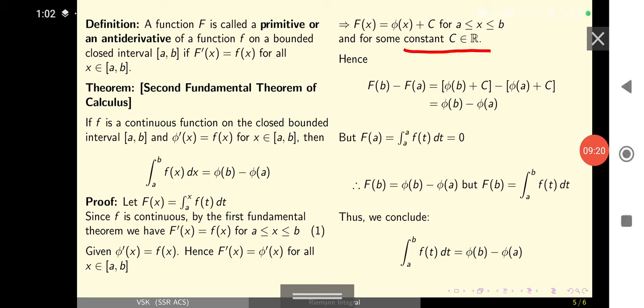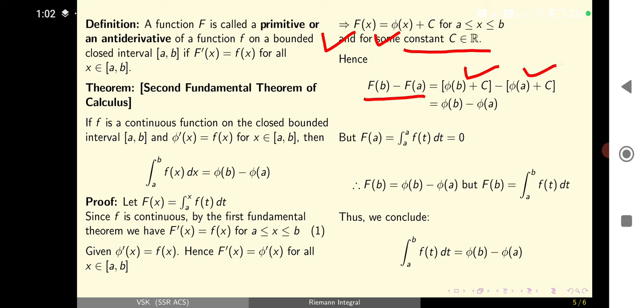So let us start with F(b) minus F(a). Putting x equal to b in this relation, we get phi(b) plus c, and putting a, we get phi(a) plus c, and c cancels, so we get phi(b) minus phi(a).